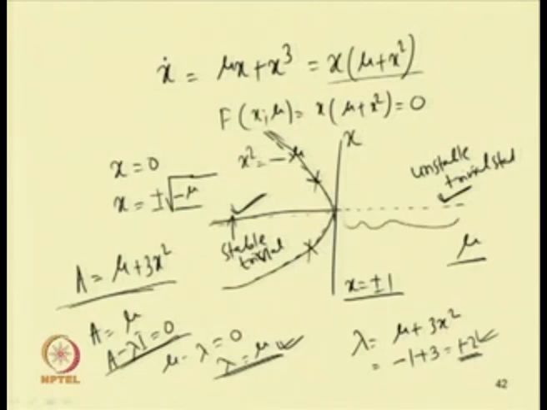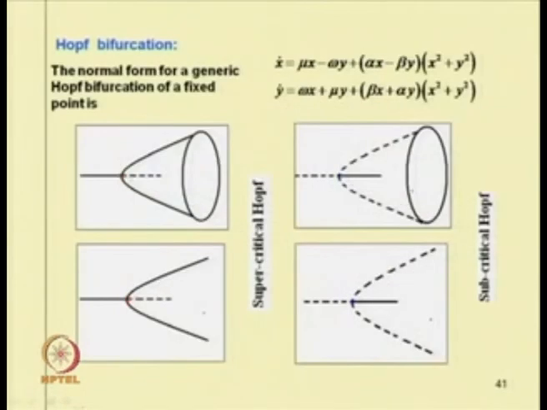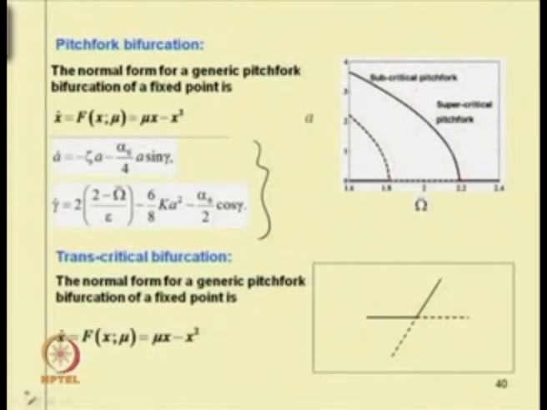As there is no solution after this, there will be a catastrophic failure of the system, and this type of bifurcation is known as a subcritical pitchfork bifurcation. This is one pitchfork bifurcation, and this is another. So we have subcritical pitchfork bifurcation and supercritical pitchfork bifurcation.